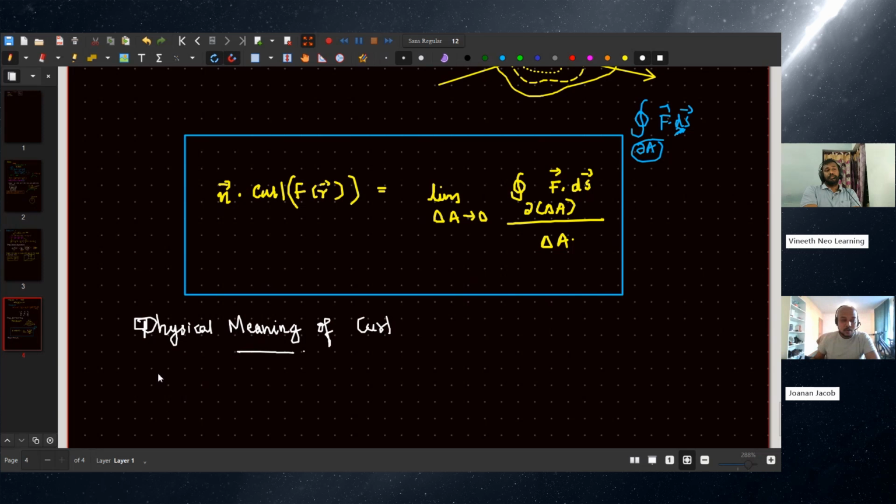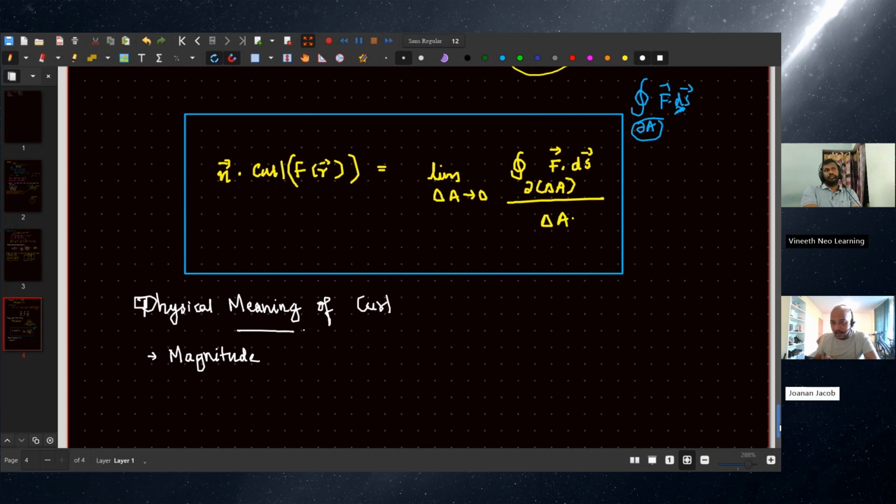Okay, so we know that curl gives us a vector. So it has what we call magnitude and direction, isn't it?